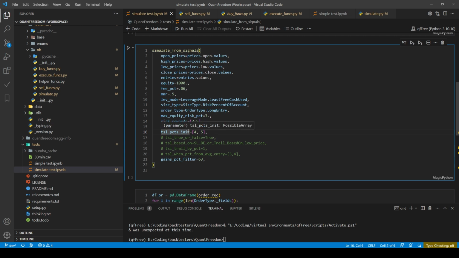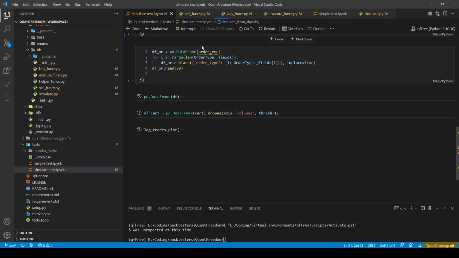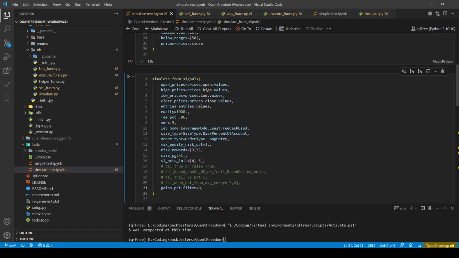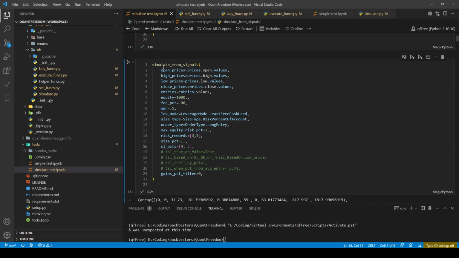That doesn't make any sense. But I guess it does. Stop loss prices in it. Stop loss percents in it. Okay.